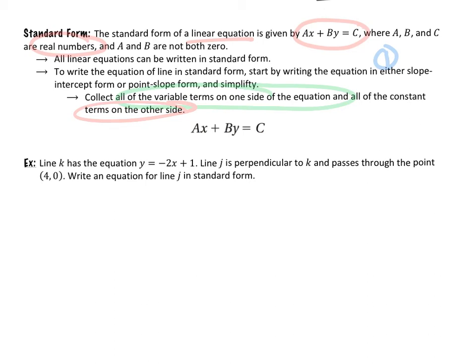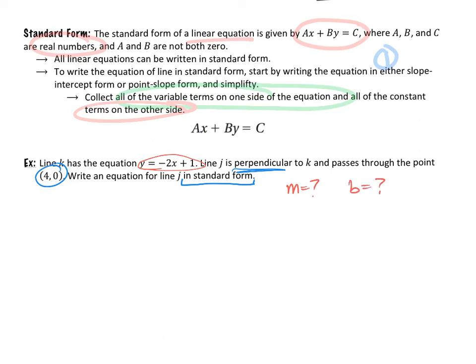Line K has this equation here, and then line J is perpendicular and passes through the point (4, 0), and we want an equation for line J in standard form. Okay? So, we have to go through the same process of identifying slope. So what does the slope equal, and what is our intercept?